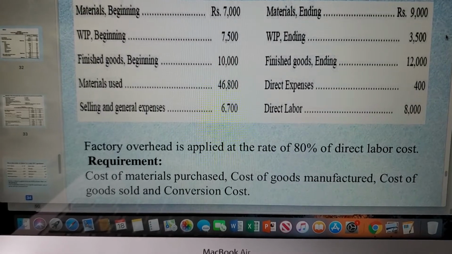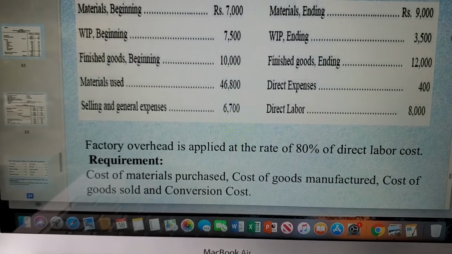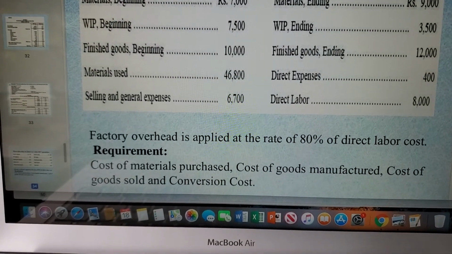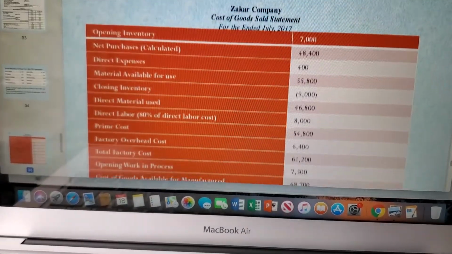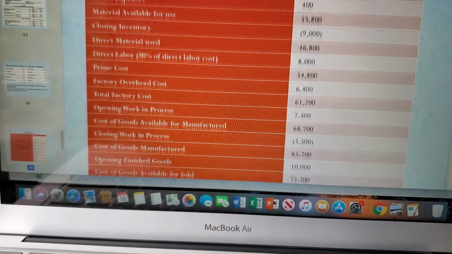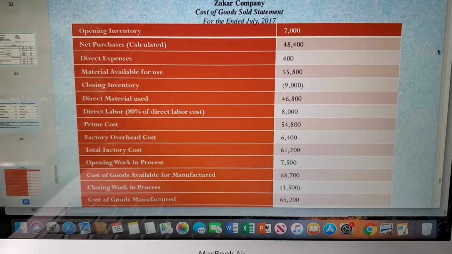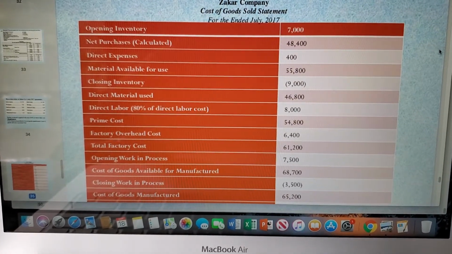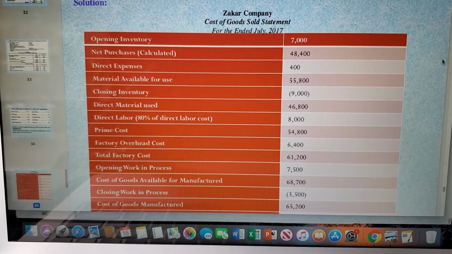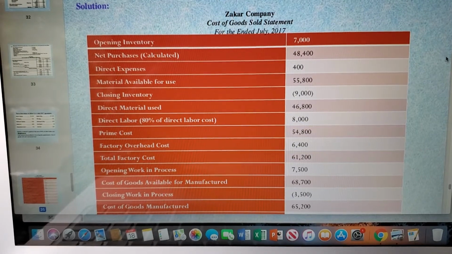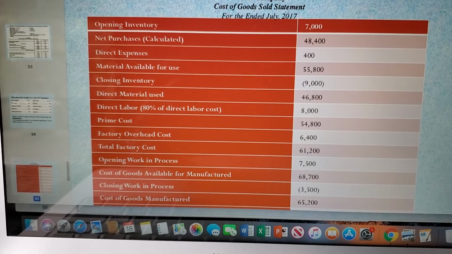Requirement: cost of materials purchased, cost of goods manufactured, cost of goods sold, and conversion cost. So the solution to this is as follows. Zacher company cost of goods sold statement for the year ended July, or I don't know what that means, but it says for the ended July 2017.